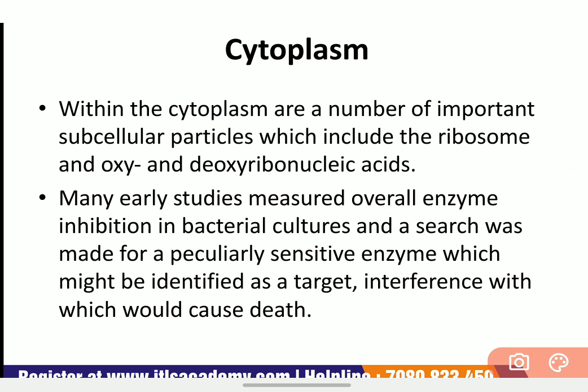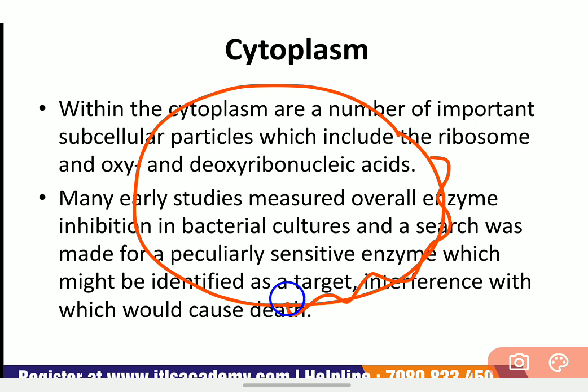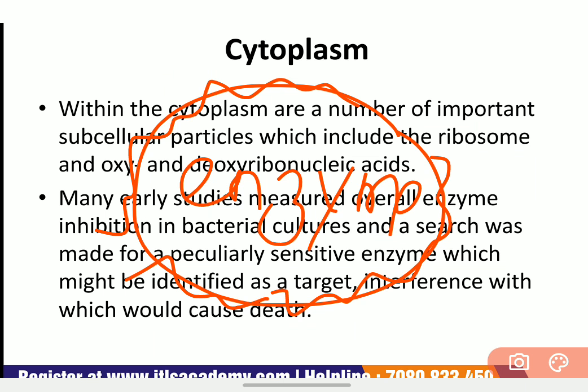Enzymes other than those in the membrane are also present in the cytoplasm. There are a lot of enzymes present in the cytoplasmic membrane, but some of the enzymes are also present in the cytoplasm.